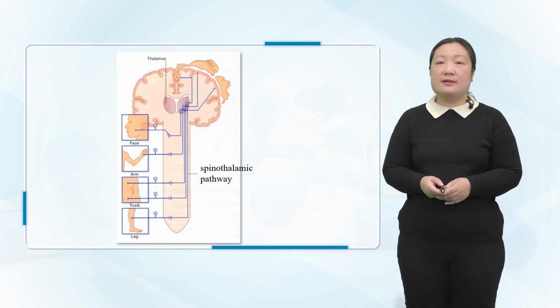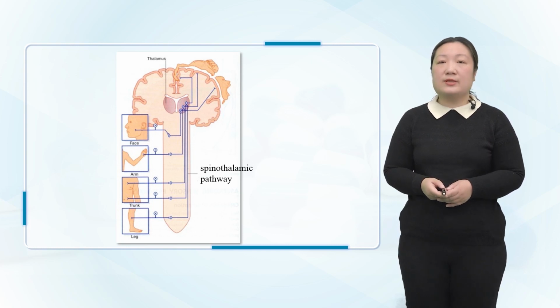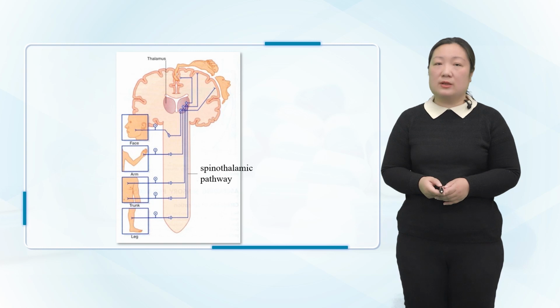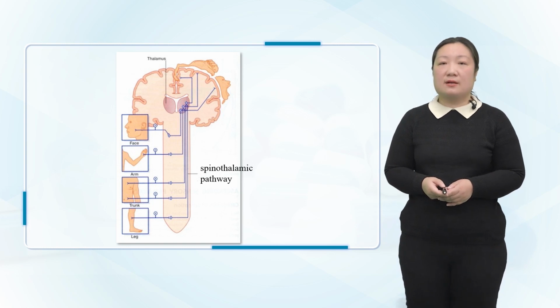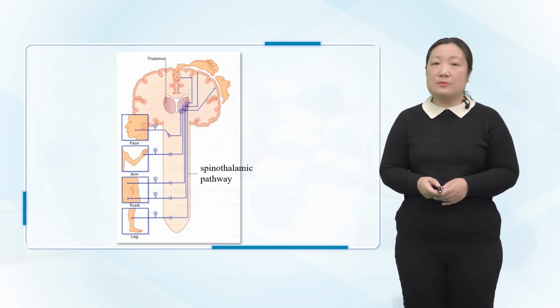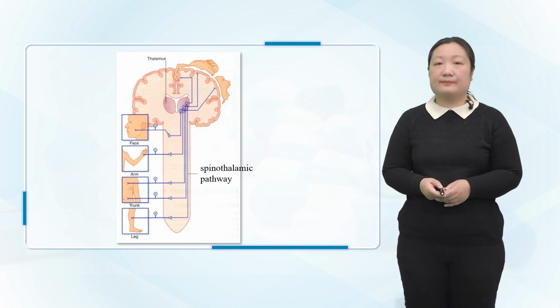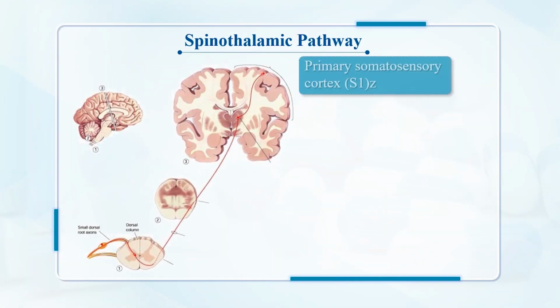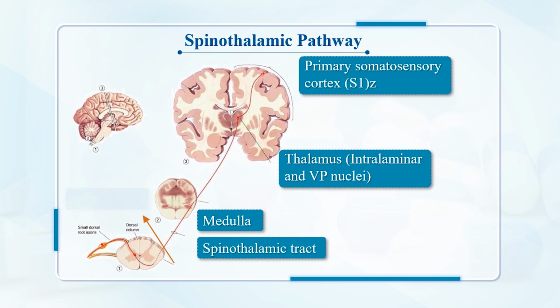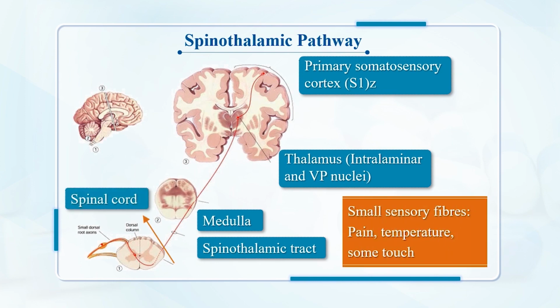The ascending system has the posterior column, spinal cord, or medial lemniscus. The thalamus is part of the diencephalon. The thalamus and its projection system. The function of the thalamus: in animals with underdeveloped cerebral cortex, the thalamus is the higher sensory center.